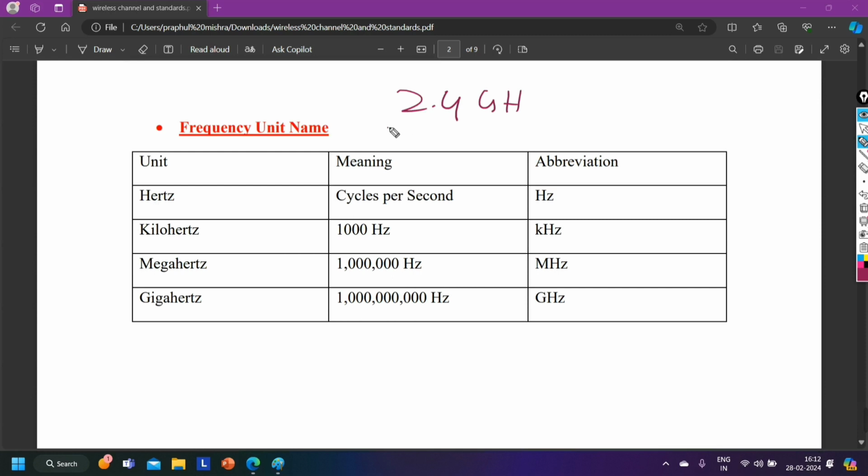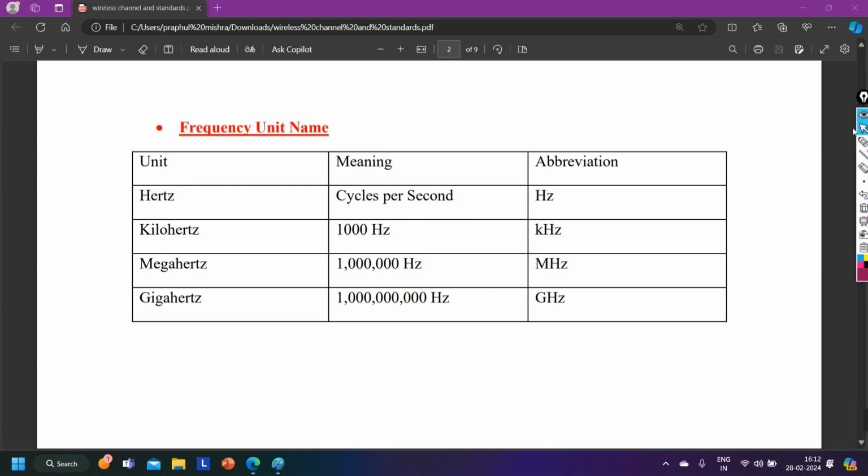How will you represent this frequency, guys? 2.4 cycles per second, that is hertz, and then you multiply it with 10 raised to power 9, then you will get 2.4 gigahertz frequency.